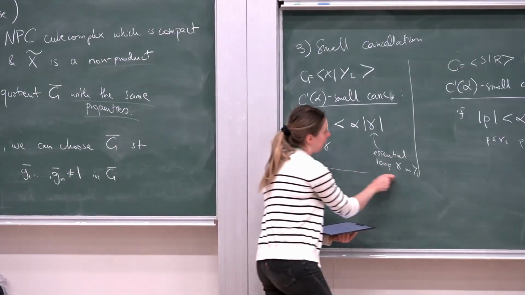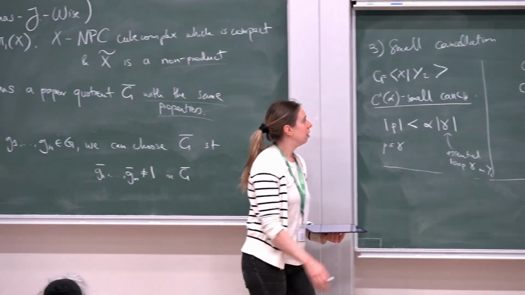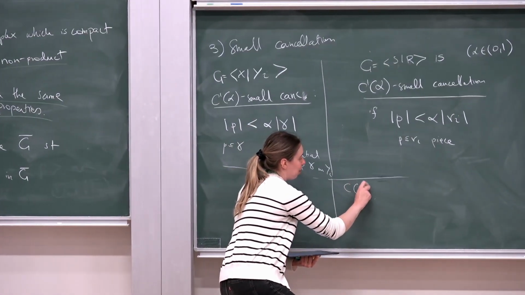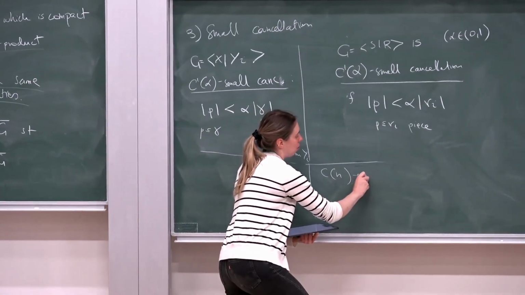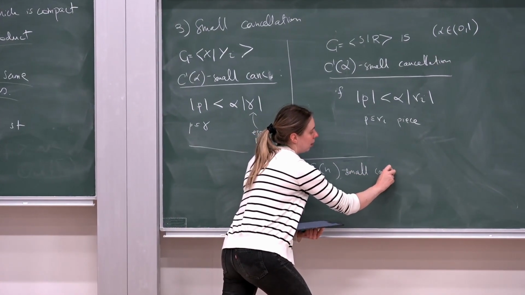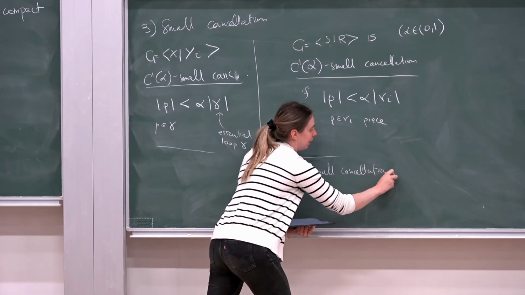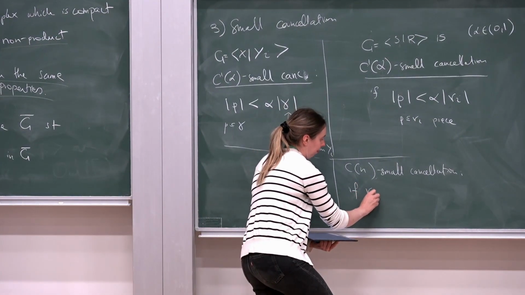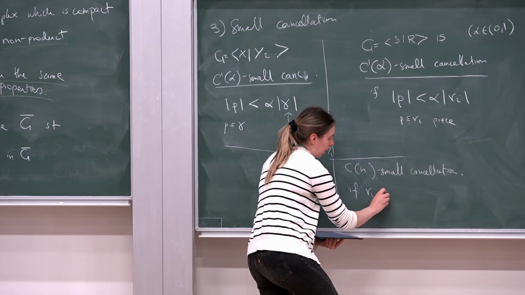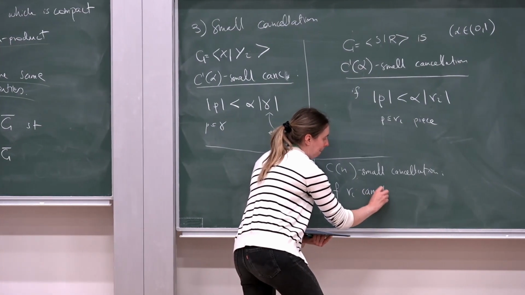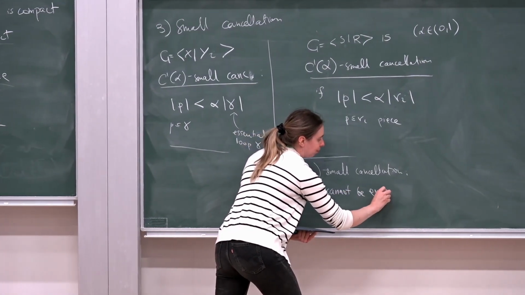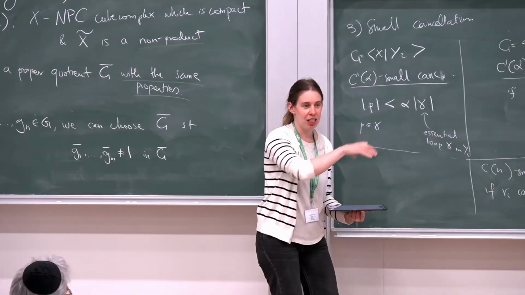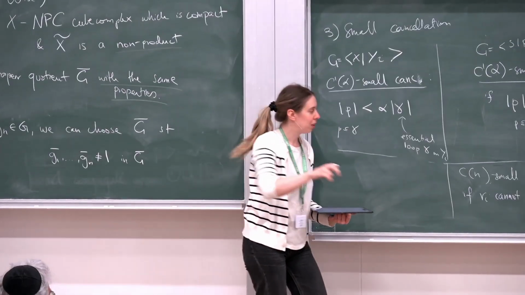And in both cases, this is called the metric small cancellation condition. There is also a non-metric small cancellation condition, which doesn't look at the length, but it still tells us that we need many pieces to complete the whole relator.